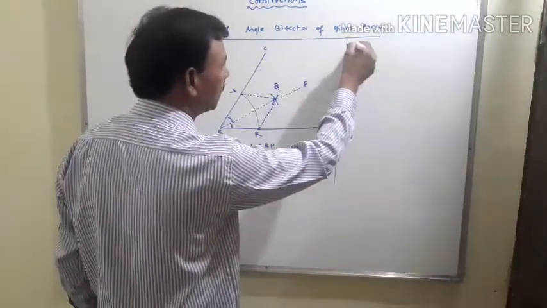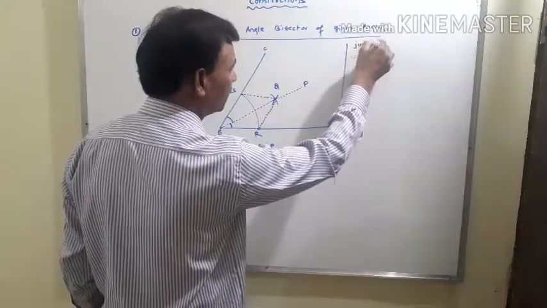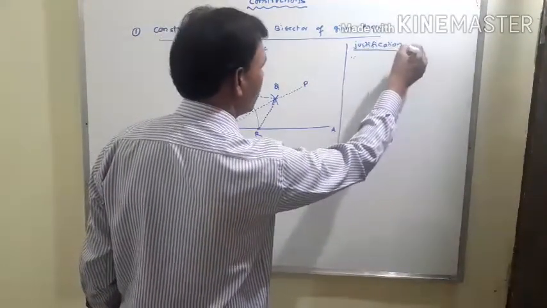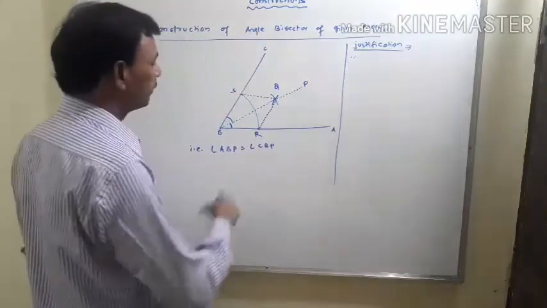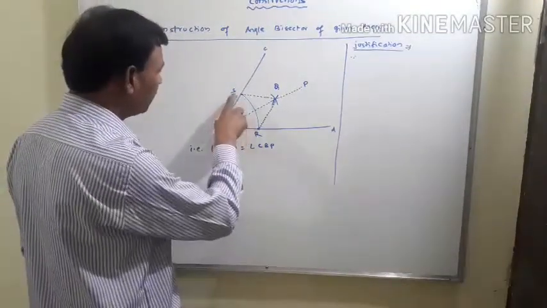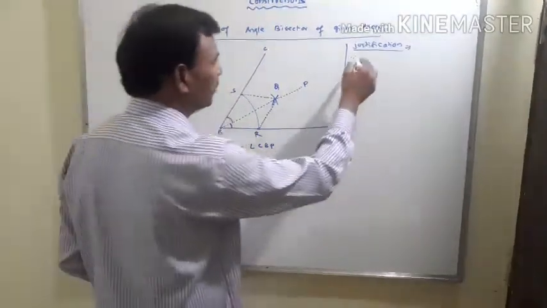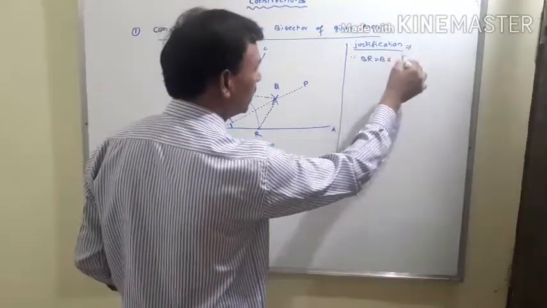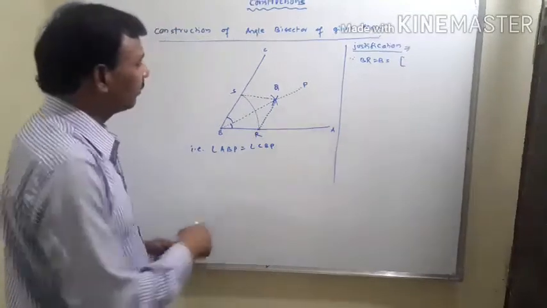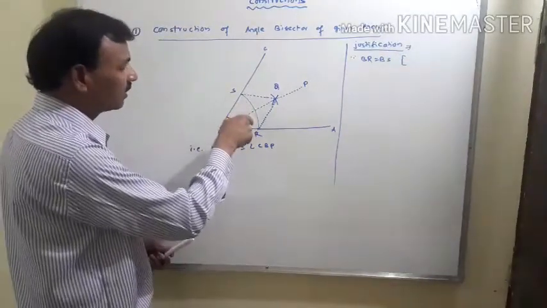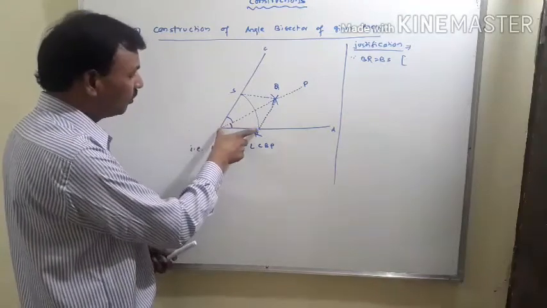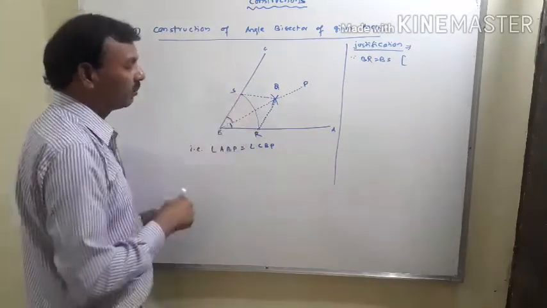This is the justification of your construction. Since BR equals BS, what is the reason? The reason is that these are cut by an arc from B, so BR and BS will both be equal.